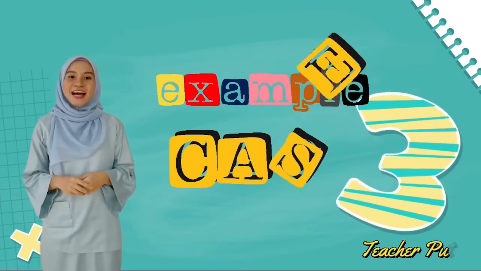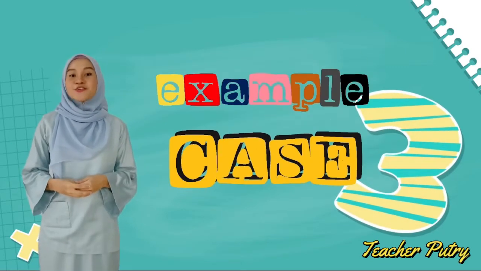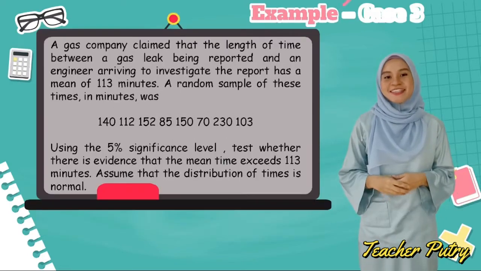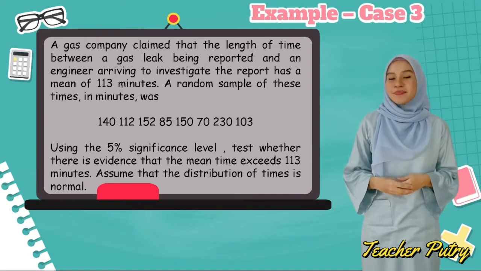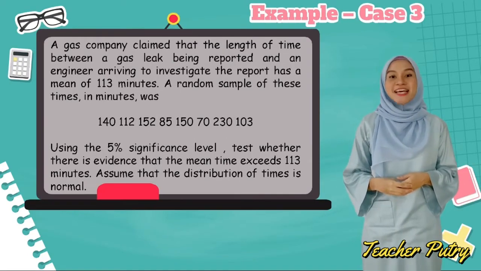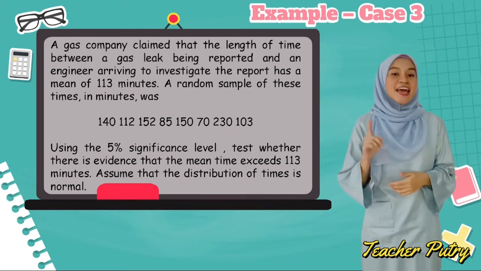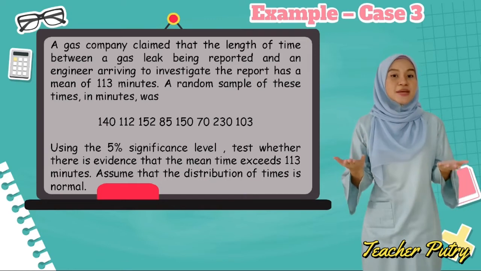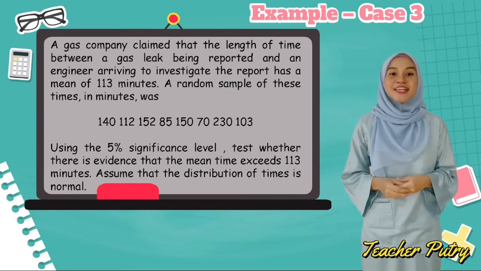Now let's look at an example for case 3. First, let's read the question. A gas company claimed that the length of time between a gas leak being reported and an engineer arriving to investigate the report has a mean of 130 minutes.